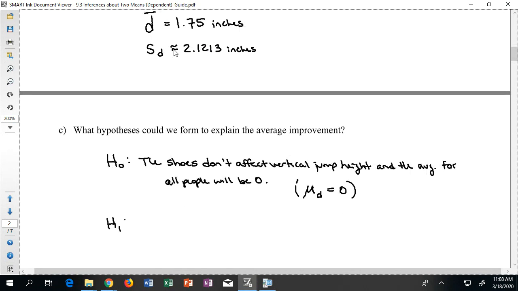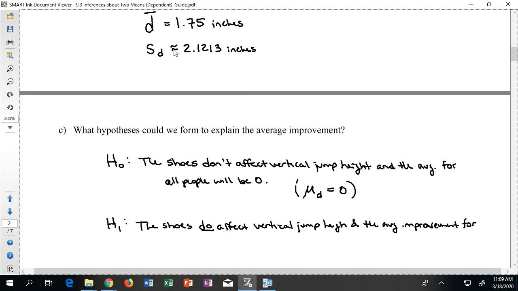But if I look at what H1 would say, that's the more interesting hypothesis. It would say the shoes do affect vertical jump height, and the average improvement for all people will be more than 0, right?